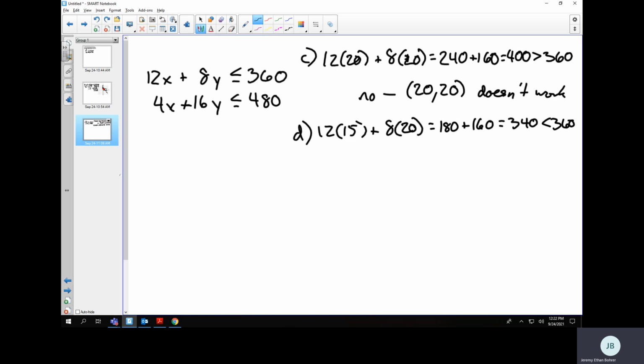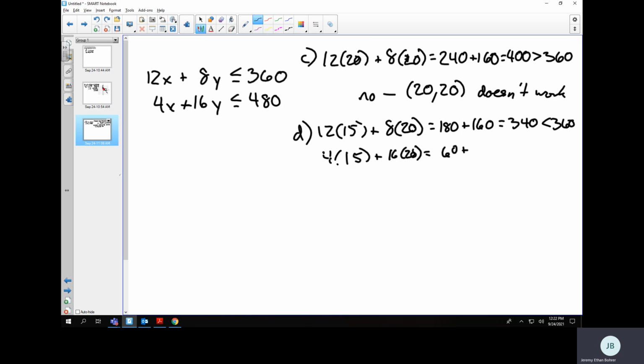Now we see if we can make it work with the finishing time. For the fabrication time, we've got plenty of time. The finishing time we have to check still. 4 times 15 plus 16 times 20. Okay, well, 4 times 15 is 60. Not a big deal there.